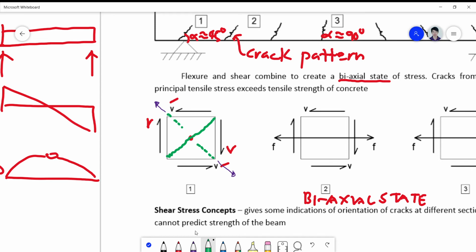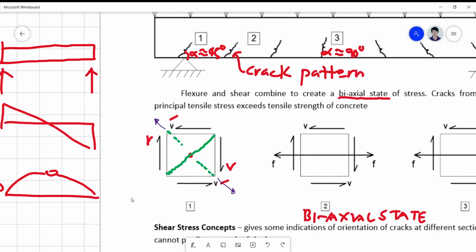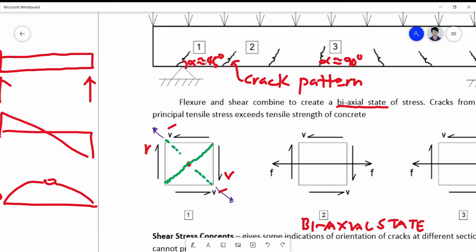Okay, that's why your crack here, if you will notice, is more or less 45 degrees there, although it's not accurately like that because of some influencing factors, but this can be very near to 45 degrees.